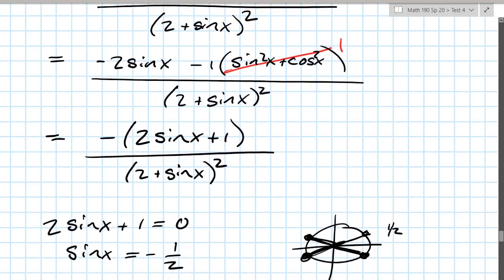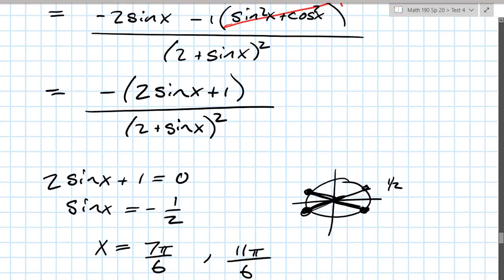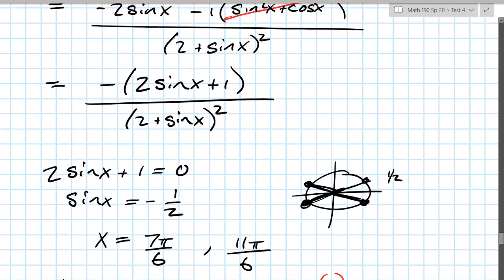So we want to know when 2 sine x plus 1 is 0. Solving for that, we want to know when sine x is equal to -1/2. Since the sine is the y, our y is going to be negative in the third and fourth quadrants.